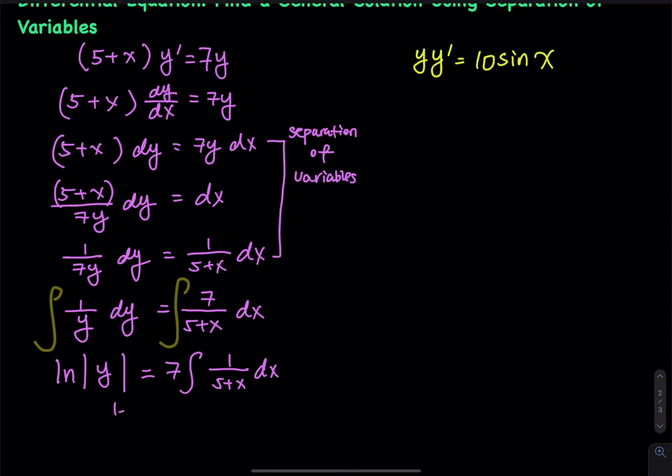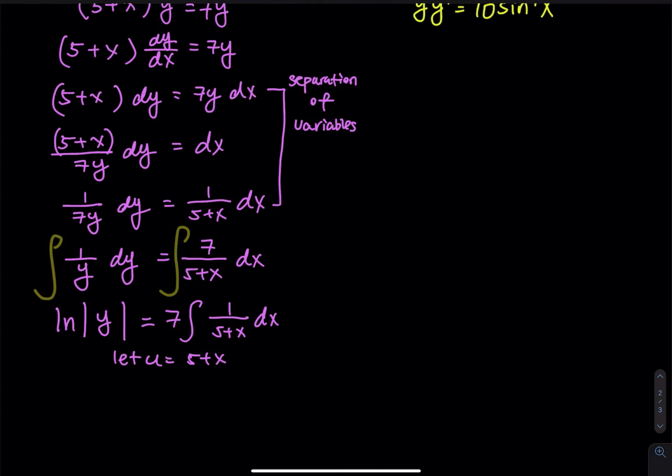You can let u = 5 + x. After you integrate, you have the integral of 1/u du, so you have ln absolute value of u. So the next step is ln absolute value of y = 7 ln absolute value of u. So you put the 5 + x in there and then you add a c to it.